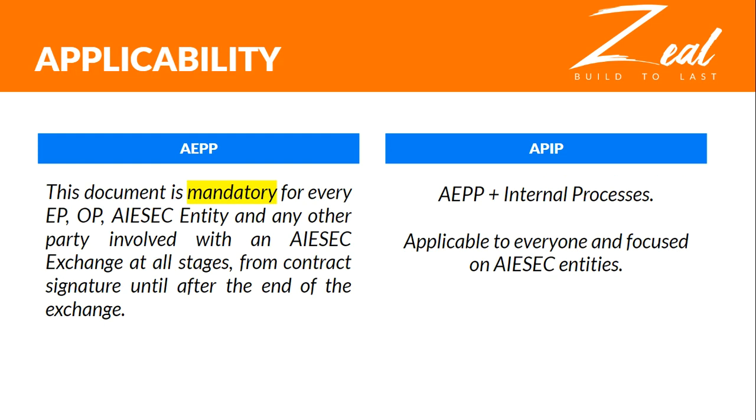So AEPP is mandatory for every EPOP AIESEC entity and any other party involved with the AIESEC exchange at all its stages, from contract signature until after the end of the exchange. Whereas the second document is applicable to you, to us, dear AIESECers.